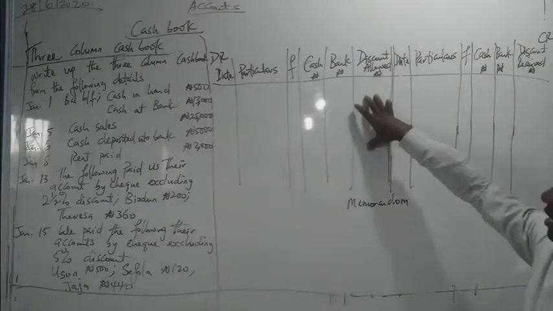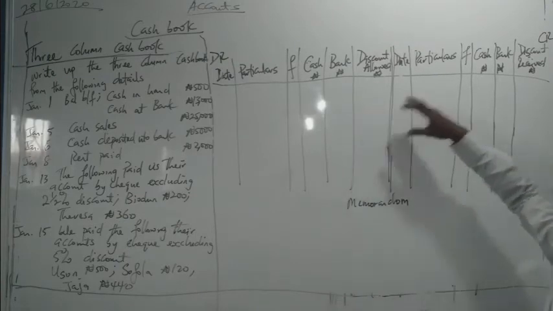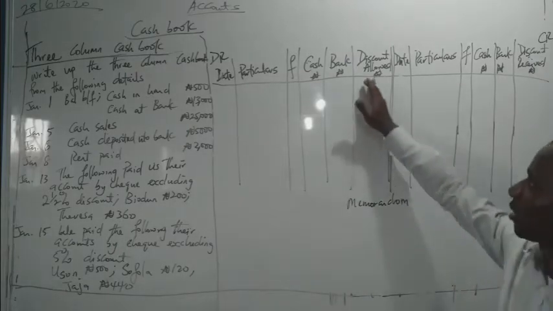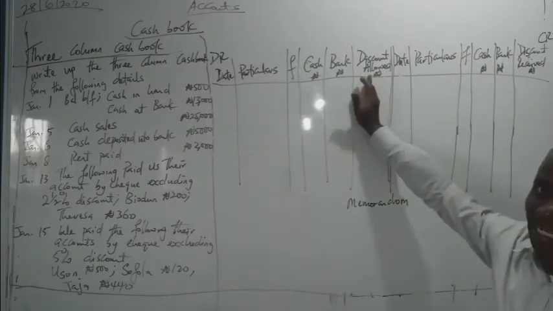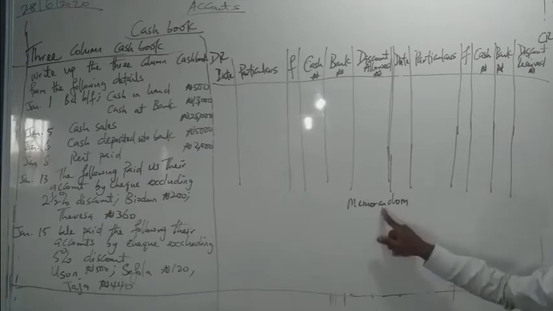So for reference sake, to know how much discount you are giving to the debtors and the discount you are receiving from the creditors, an extra column is created on the debit side, known as discount allowed, and another extra column on the credit side, known as what? Discount received. So that's how we call them memorandum.